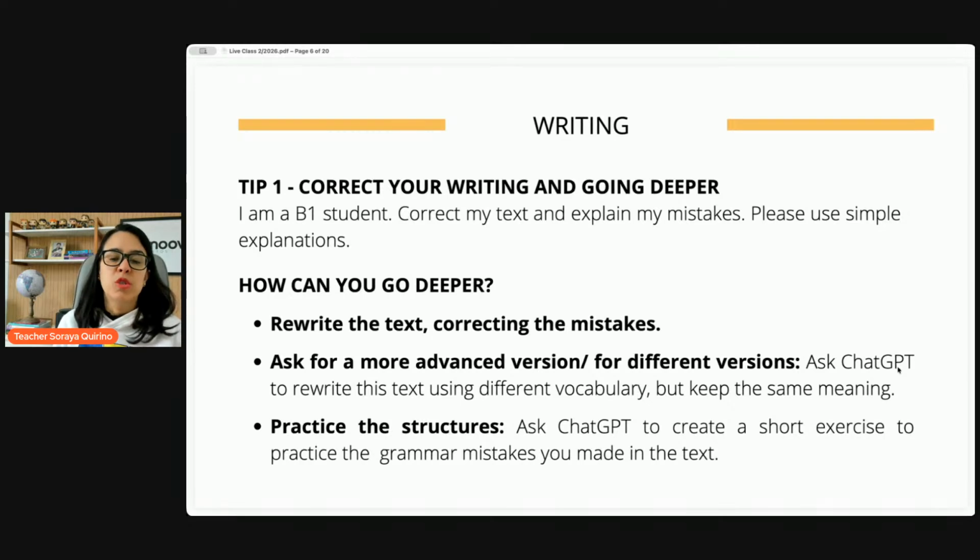It will also do that for you. This is a great way of learning vocabulary, paraphrasing, and synonyms. And after all that, you can even ask ChatGPT to create a short exercise focusing on your mistakes.